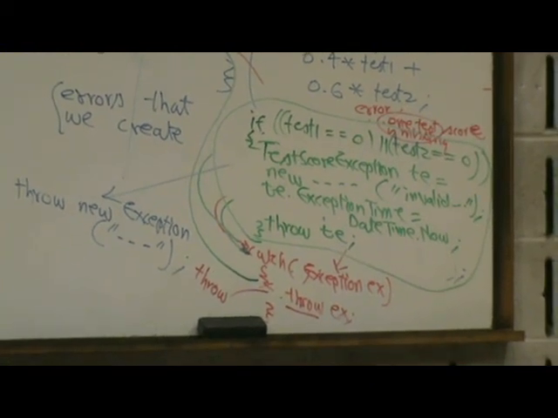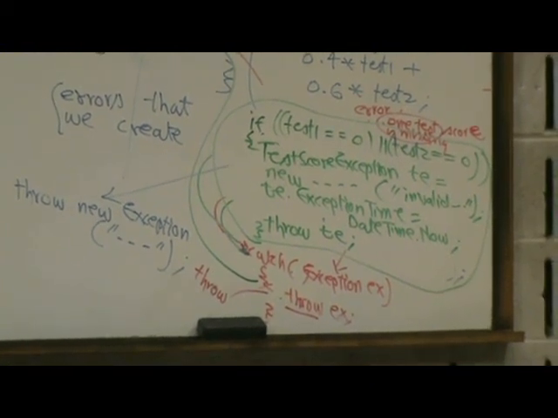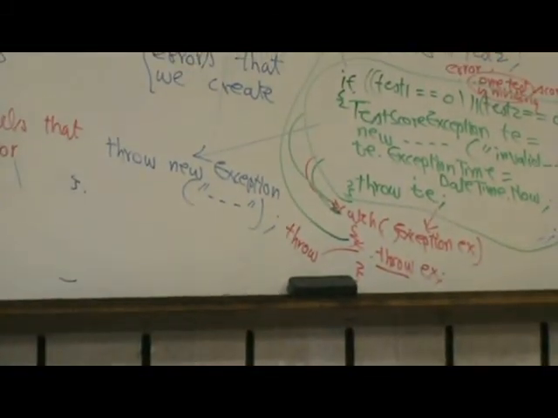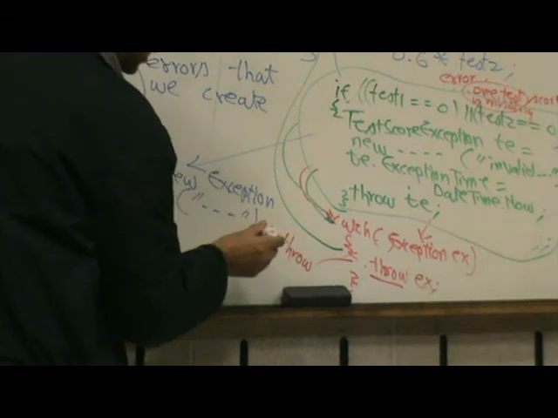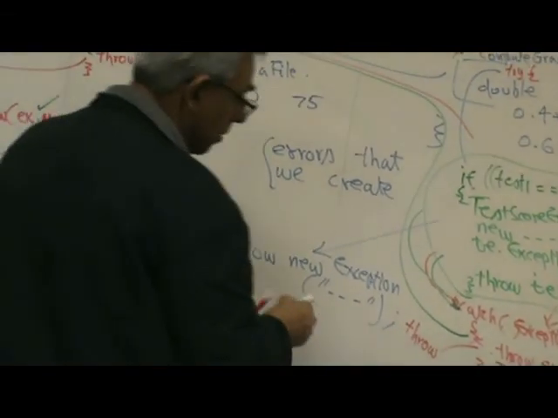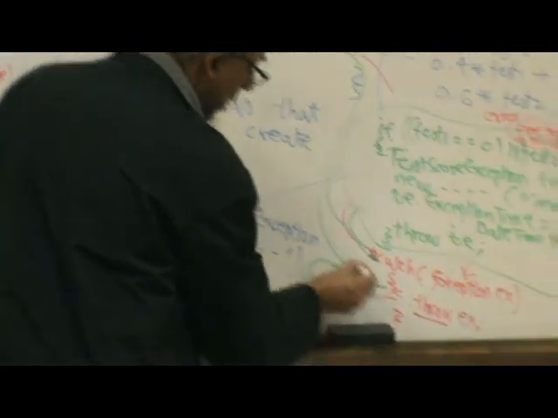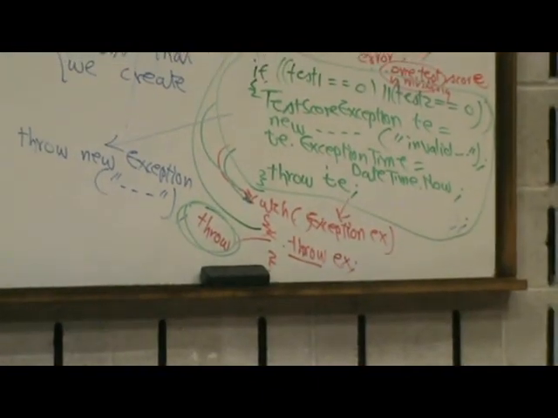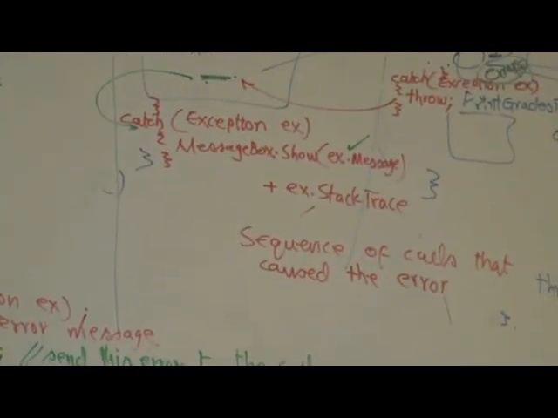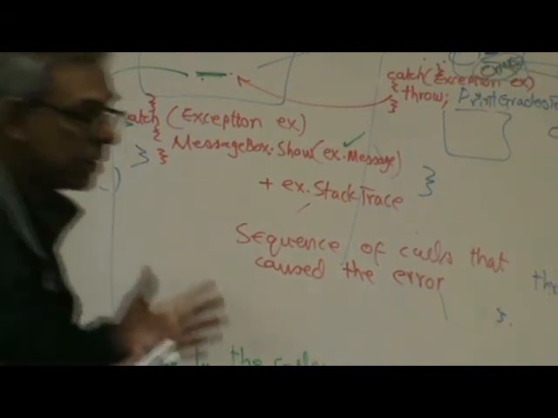Okay, so for security reasons, if you didn't want anybody to know, you will block it out. Okay, but normal practice is, because this is all internal, you are the only one responsible for the code, throw will maintain the full stack trace so that if needed, you can find out all the detail about it, right? Okay, so I'll stop here.